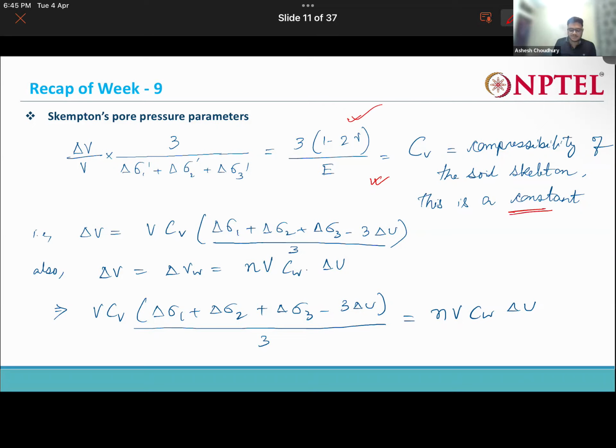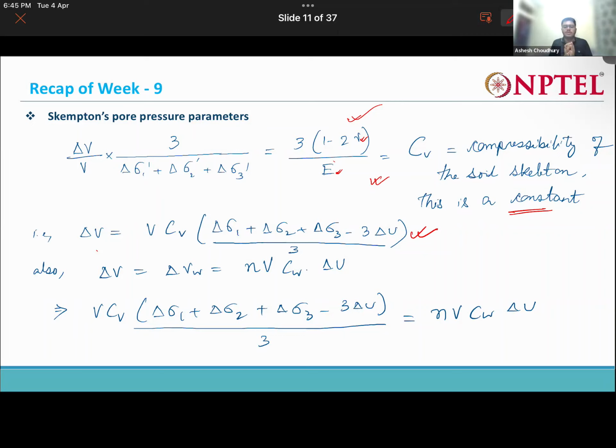This is a constant for a particular kind of soil, because it depends on E and the Poisson's ratio. E is the Young's modulus of the soil, and mu is the Poisson's ratio. So from here, just by rearranging, you can write delta V like this. Now, this delta V is the change in volume.